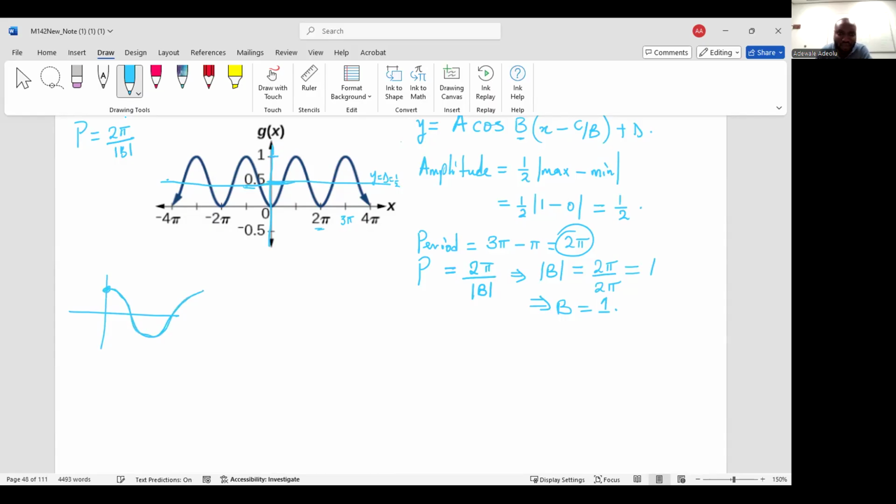Okay, let's see. Is that what we have on this graph? It feels like it, if we look at it this way. Now that is not a straight line.